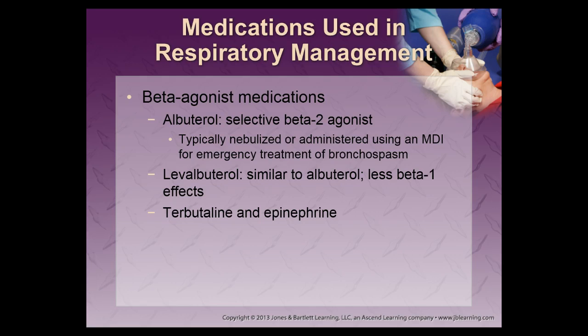We can give this in a nebulized state that we carry with us, or you may see patients with a metered dose inhaler. And this is a rescue inhaler, obviously. Other medications that are given sometimes include terbutaline, not something that we see in the pre-hospital field all that often.